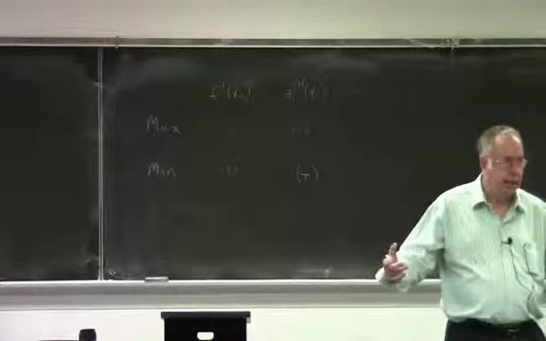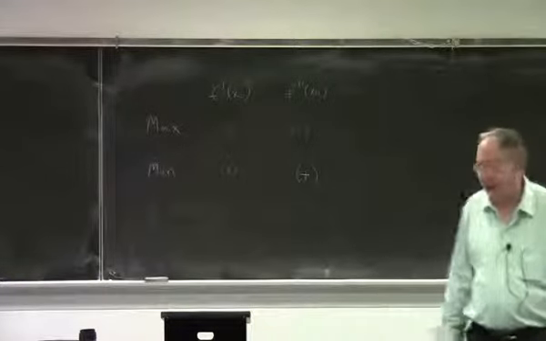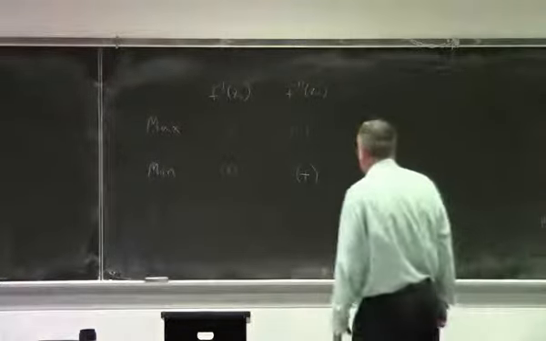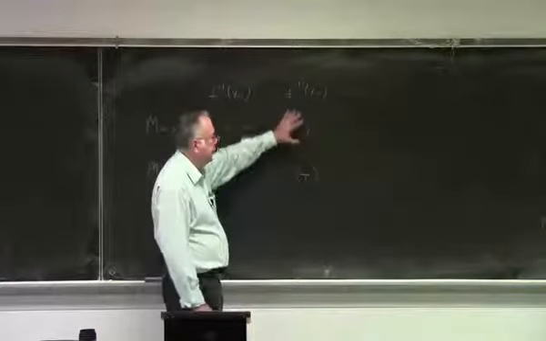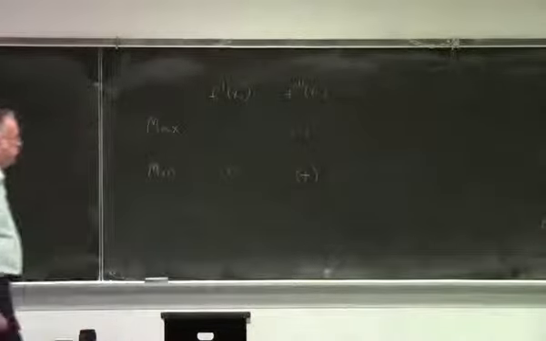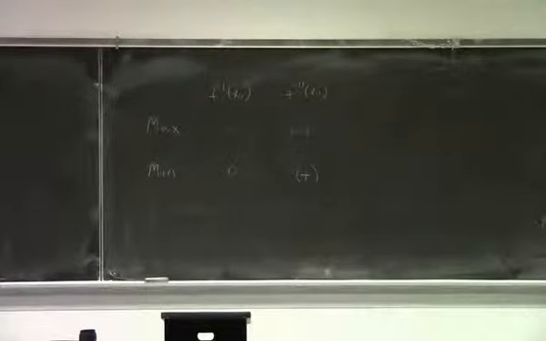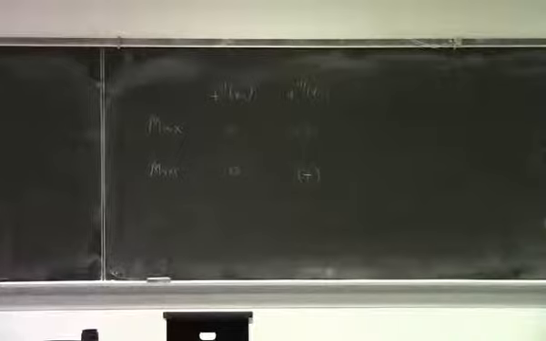But in most cases, you'll be able to sign the second derivative. So this test will tell you what you have in most cases, except for the rare case where the second derivative evaluated at x sub 0 is 0. Then you have to do some further testing.